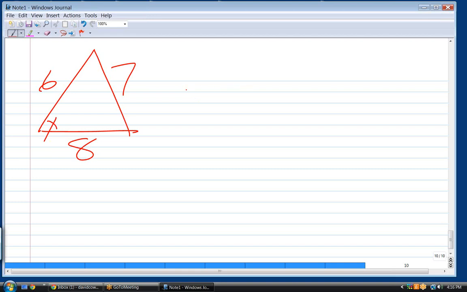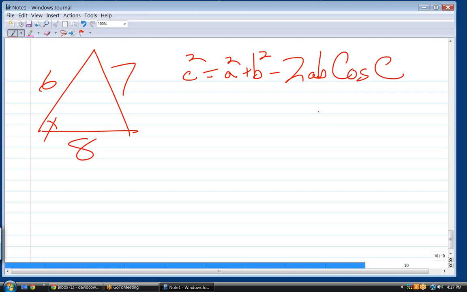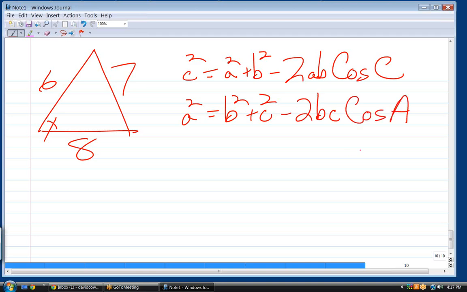What's the law of cosines again? Well, there's three of them. It's c squared equals a squared plus b squared minus 2ab cosine of c. A squared is equal to b squared plus c squared minus 2bc cosine of a.